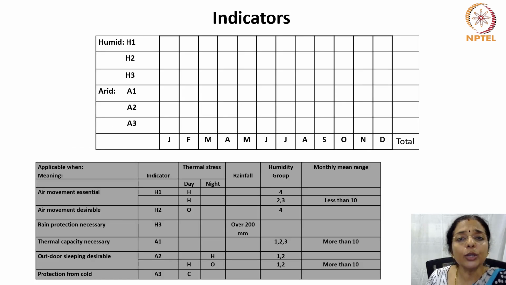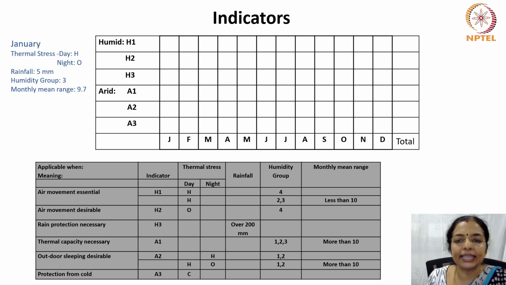Then you have indicators. So pick a month and take its thermal stress for day and night, rainfall, humidity group, and monthly mean range. We will take the example of January just to demonstrate now. Similarly, we will do it for all the months and tally it in the end.